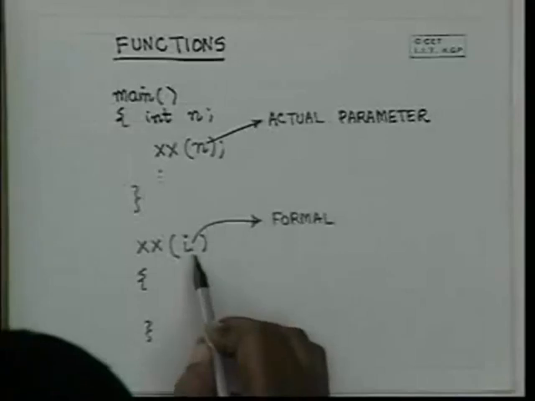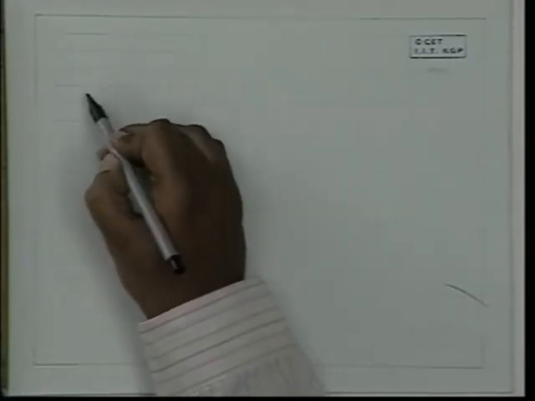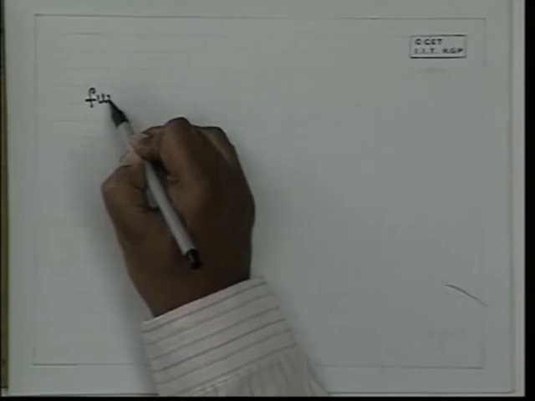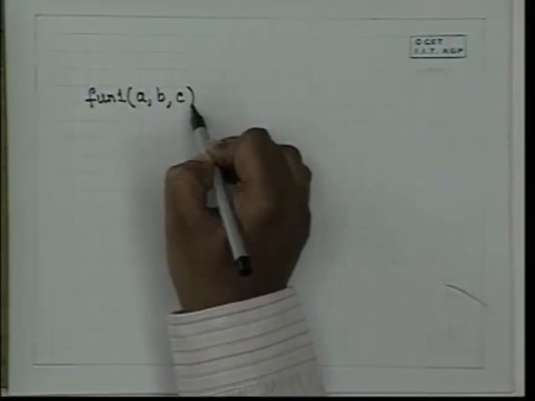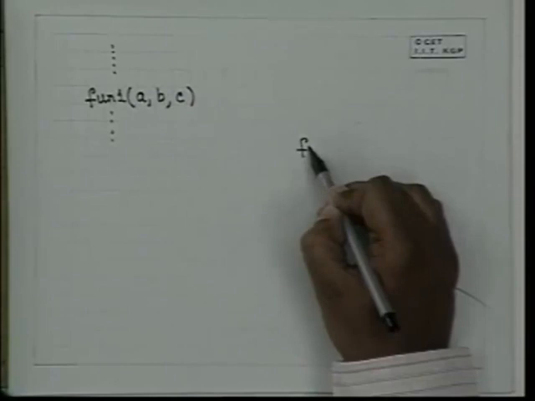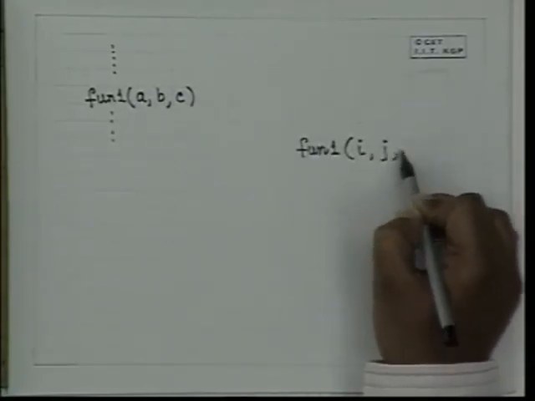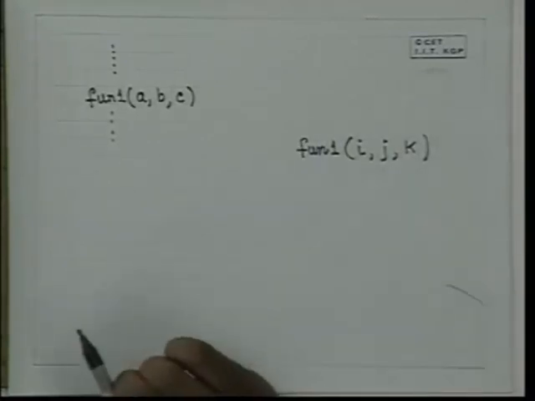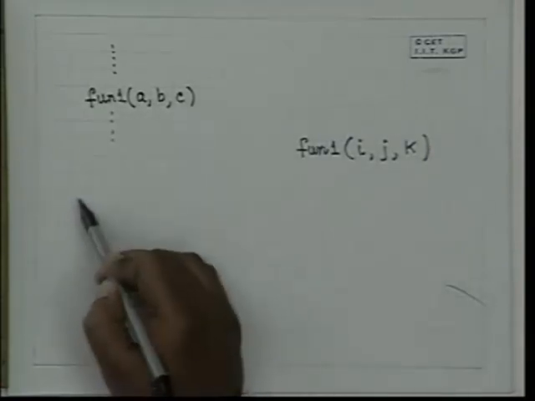So we've got the actual parameter here and the formal parameter here. Now in any programming language we shall see that when there is a function called, say, fun1 a b c, there is a call, and we have got the formal parameters as I mentioned before, I, j and k. Now these a, b and c are occupying some locations in the memory.